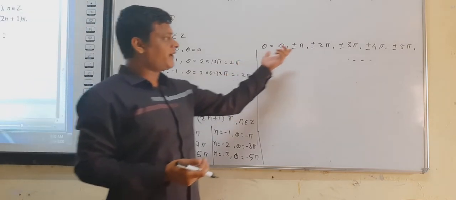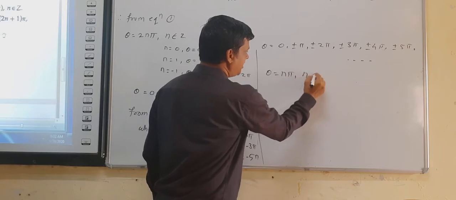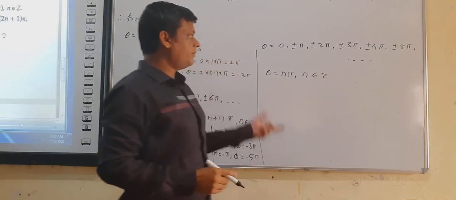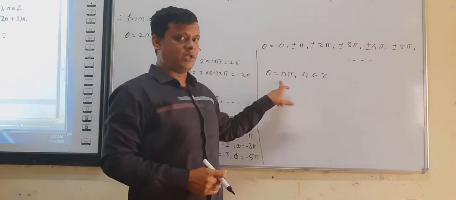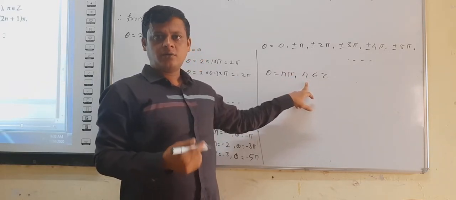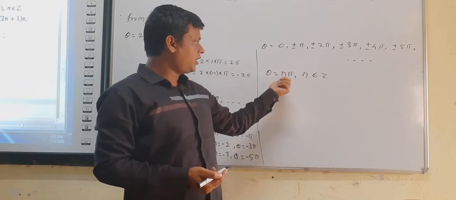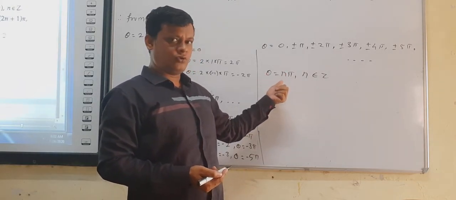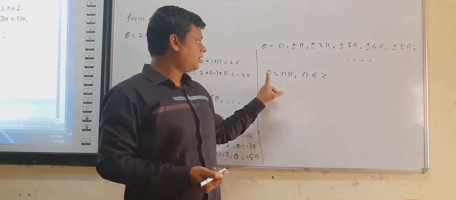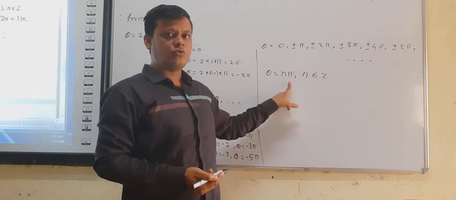That means these values are in the form theta equals n pi, n belongs to Z. When n equals 0, we have to start from 0 because n is a set of integers. So when n equals 0, we get theta equals 0. When n equals 1, we get theta equals pi. When n equals 2, we get theta equals 2 pi.